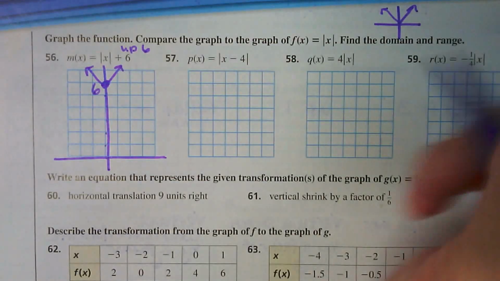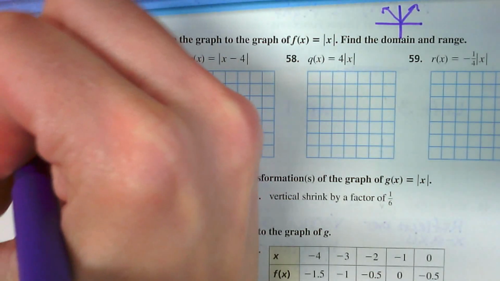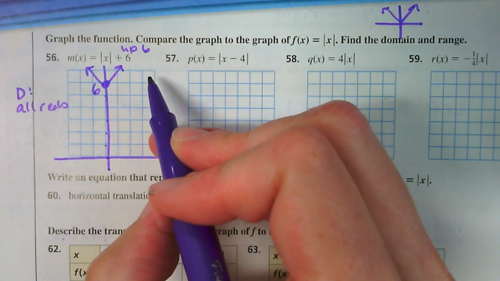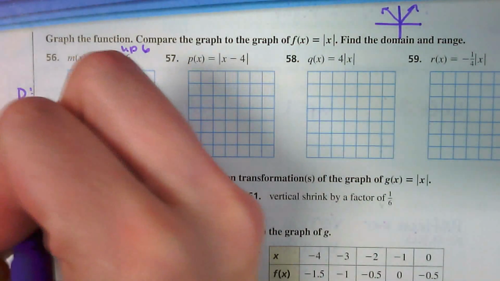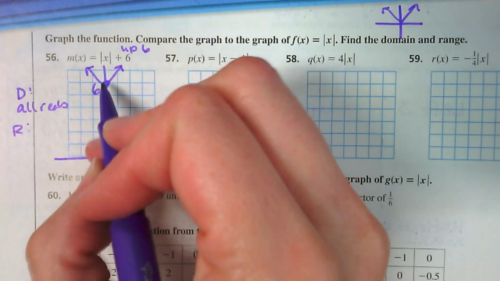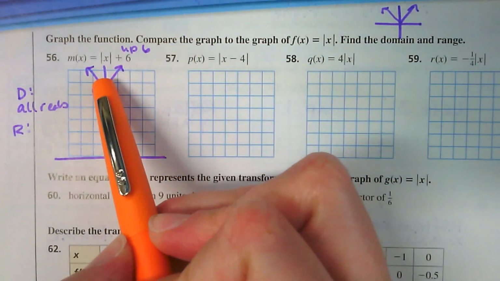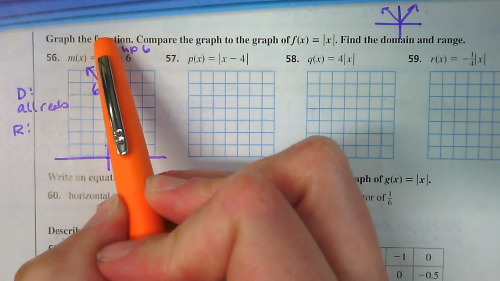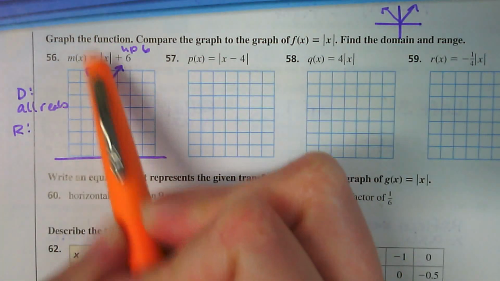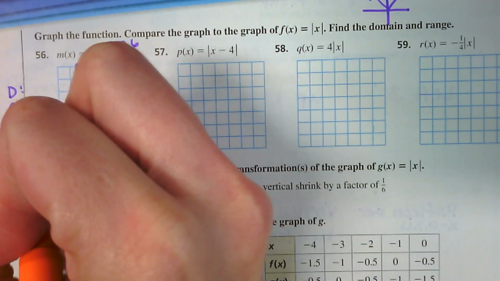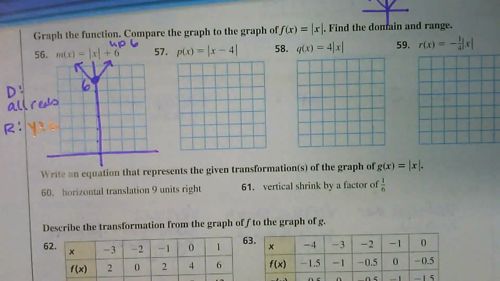Every single time you have absolute value, your domain's all reals, because it points left and it points right. Your range is going to change based on your vertex. This graph points up, so it goes from 6 and up. So my range is going to be y is greater than or equal to 6.